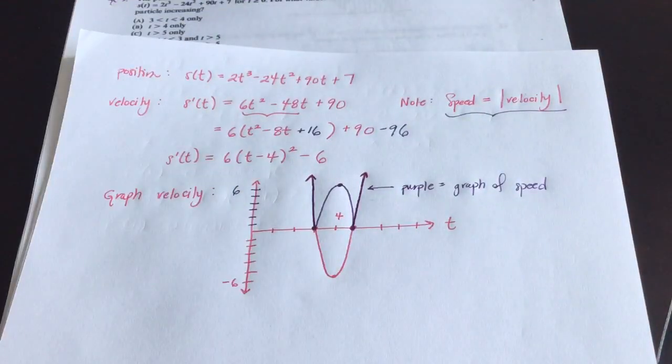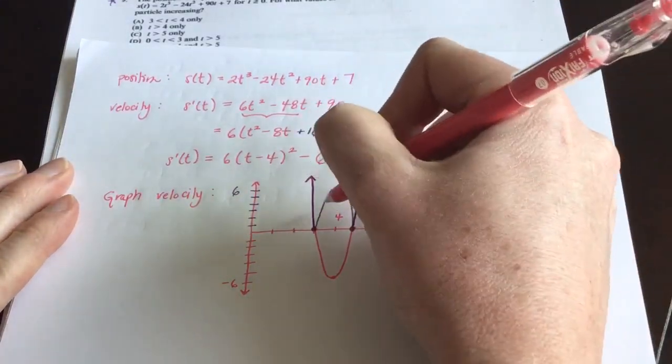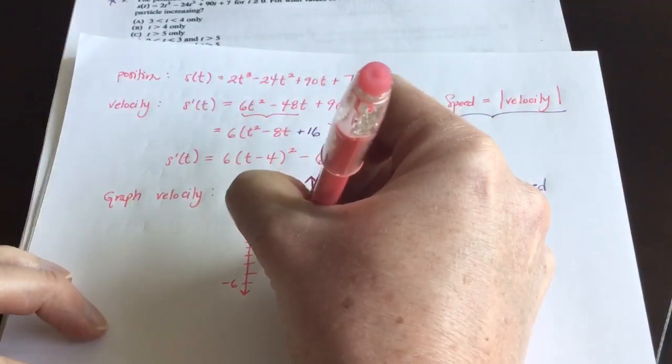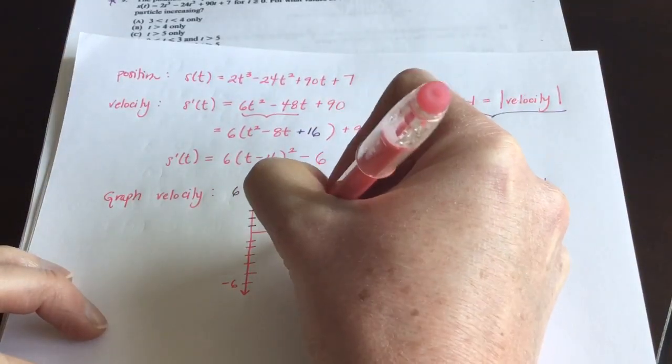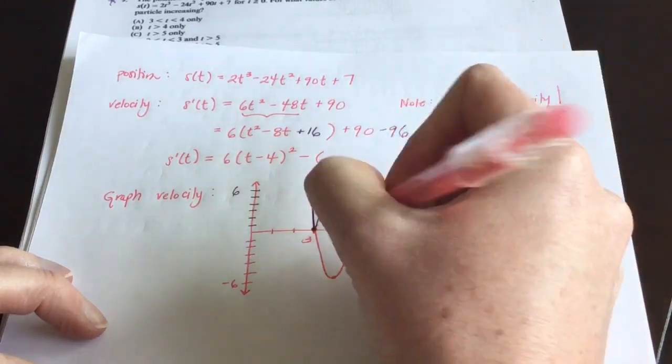Now you can look at your own picture and just read it right off. They wanted to know for what values of t is the speed of the particle increasing? It looks to me like the speed of the particle is increasing from 3 to 4 on this interval, and then it's increasing from 5 to infinity.